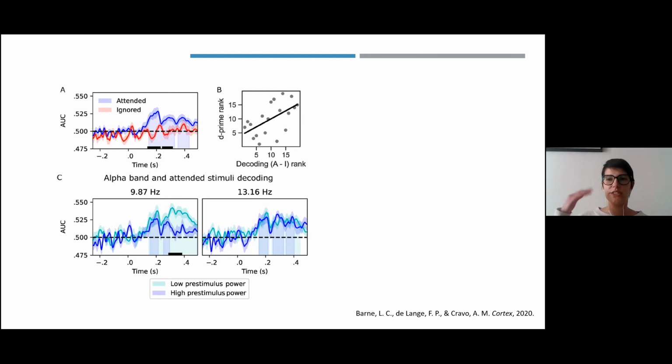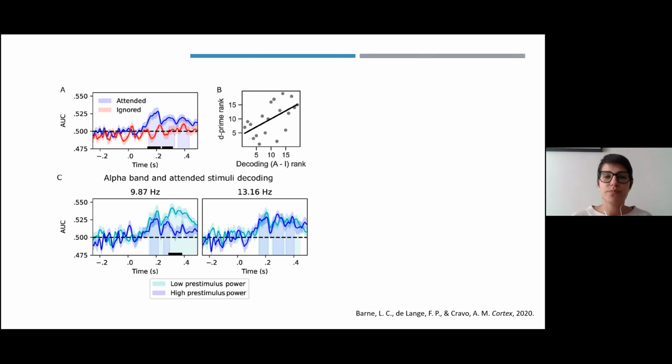It's much later. So in this sense, we kind of speculated that since it's more related to a later processing stage, it could be related to how well people will remember it, how well participants will be aware of that particular stimulus.